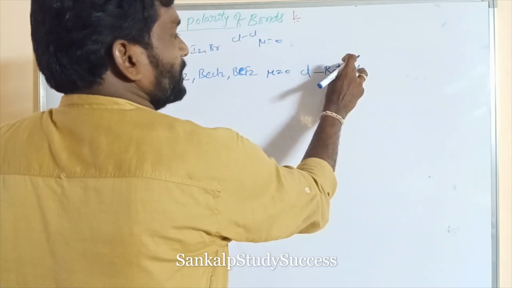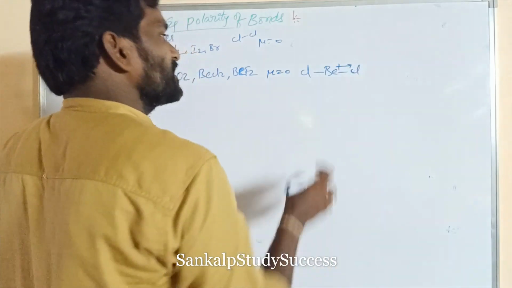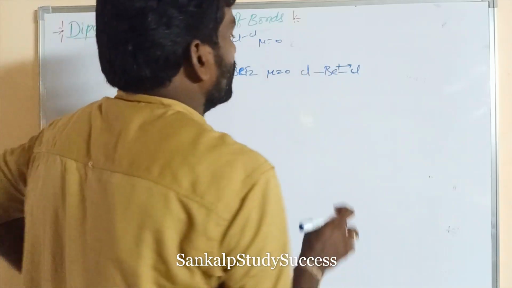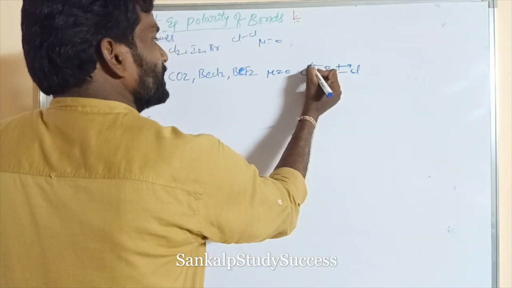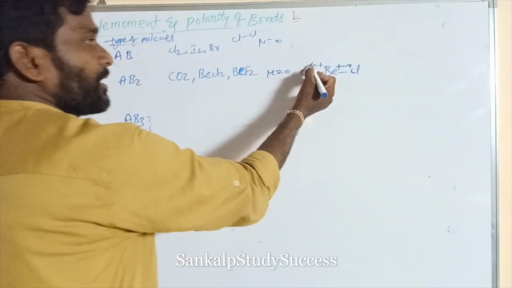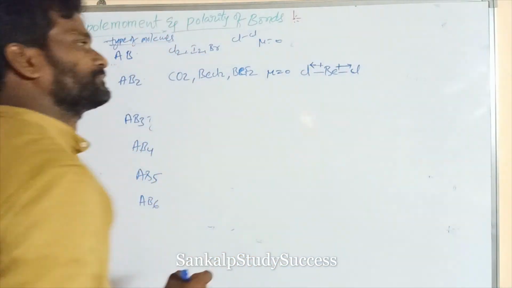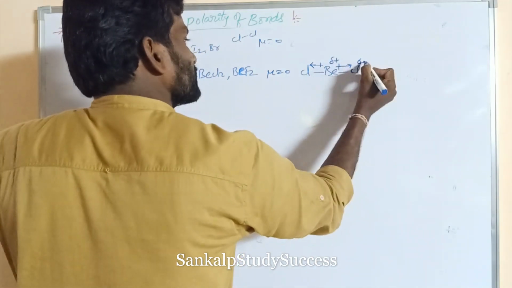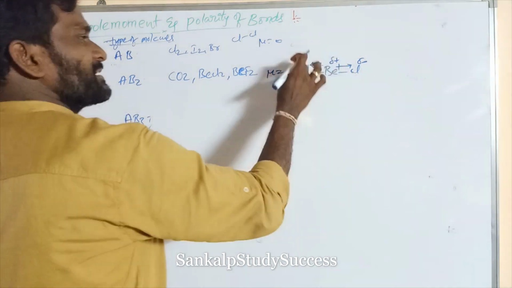This is the representation of the crossed arrow. The arrowhead indicates the more electronegative atom. Similarly here, the electronegativity of chlorine is more than that of beryllium, so this crossed arrow points to the chlorine side. So this is delta negative, this is delta plus, and similarly this is delta plus, delta negative.